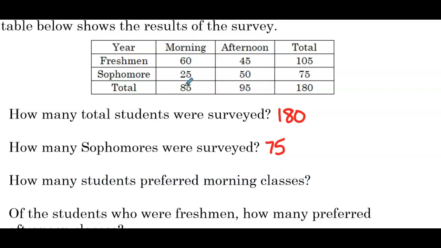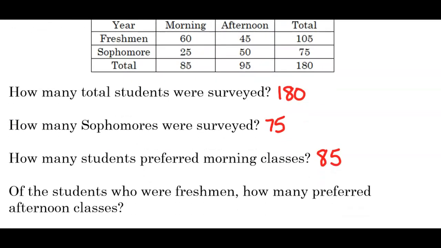So if we go down the morning column, we see 85 students preferred morning classes. Of the students who were freshmen, how many preferred afternoon classes? Okay, so now we're only focused on the freshmen, and we want to know how many freshmen preferred afternoon classes. So that is 45. Okay, so these questions just required us to read values off of the table.